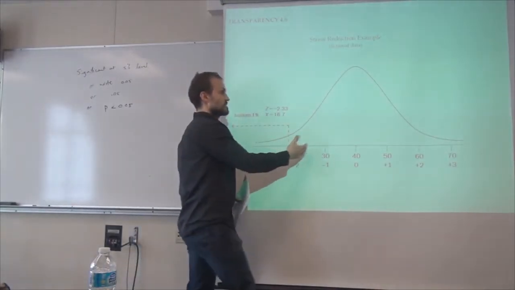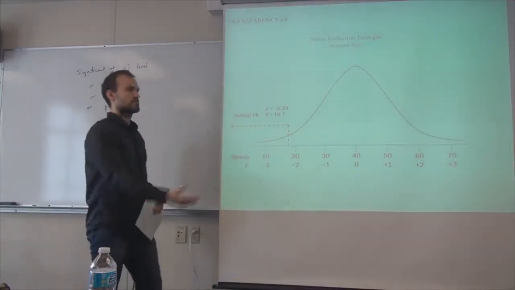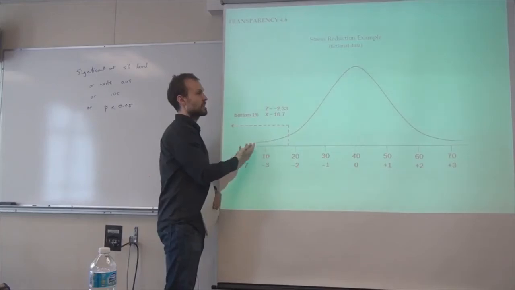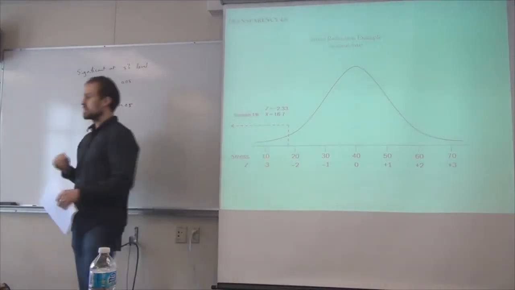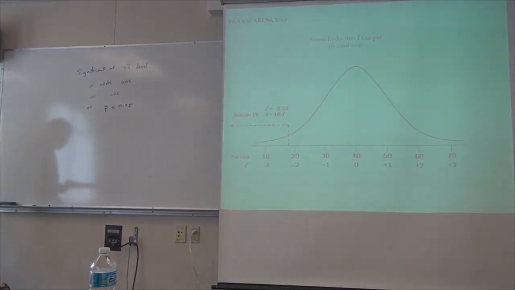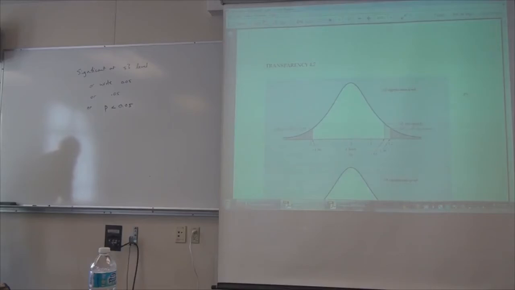If someone's stress level increased, then that's not even close to evidence supporting my research hypothesis. And again, I was only interested in the one side of the normal curve, and it's again a one-tailed test. But sometimes, we go to the next slide set here, which is this one.